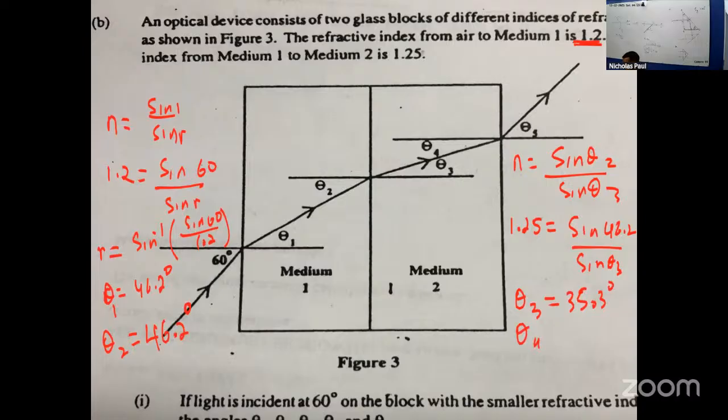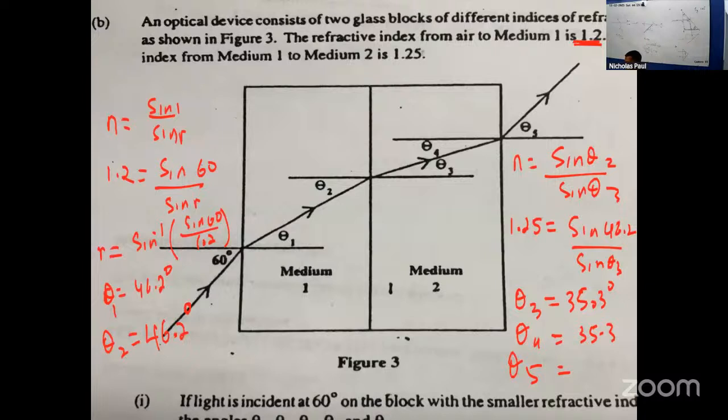What is theta 4? 35.3. And theta 5. What do you think theta 5 will be? Taisha, what's theta 5?